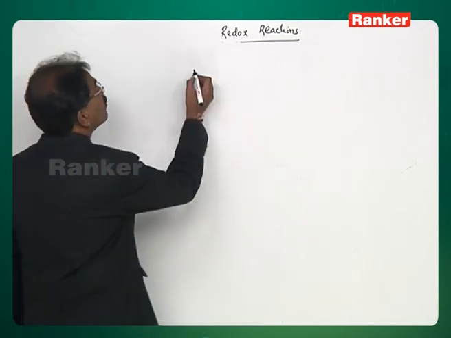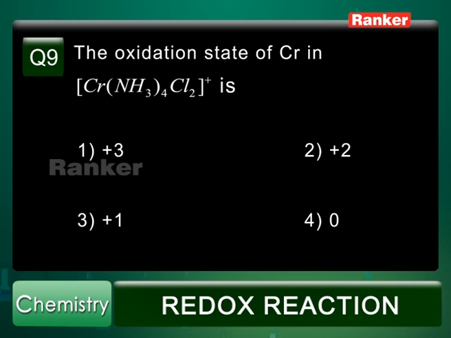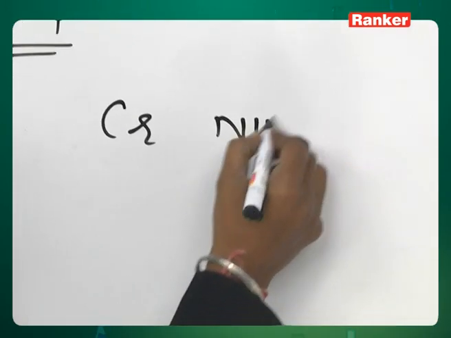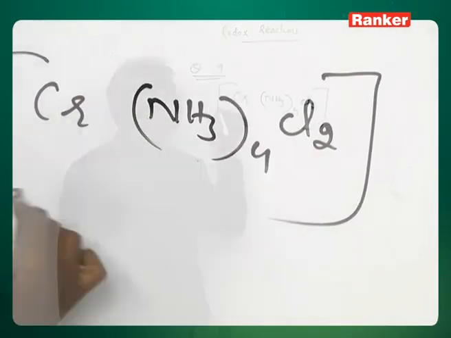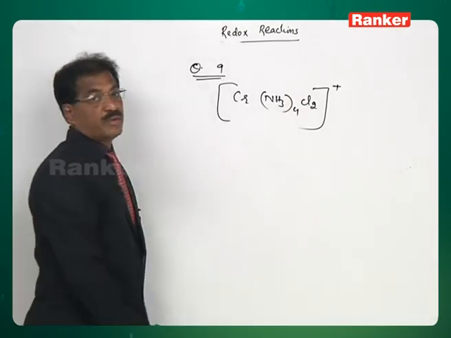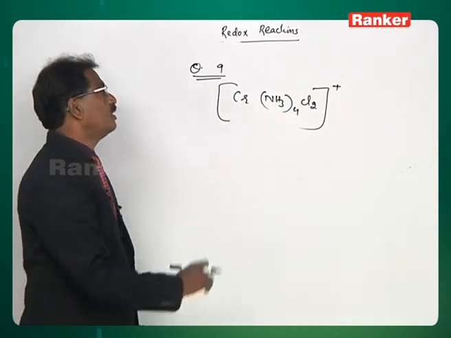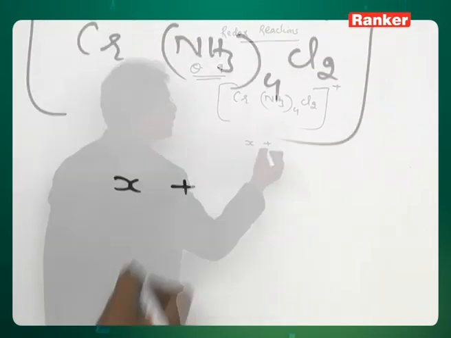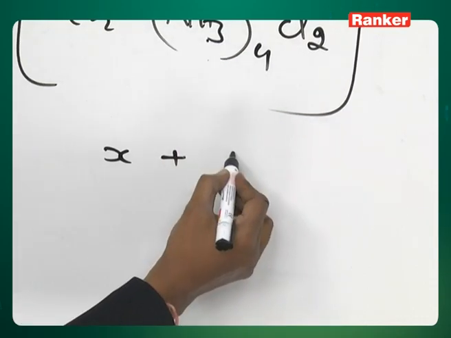Question number 9. The oxidation state of chromium in the chromium ammonia complex given. This is the complex given in the problem. Now we have to determine the oxidation state of chromium in this complex. Let us assume the oxidation state of chromium is X. NH3 is a neutral ligand, so 4 neutral ligands are present.